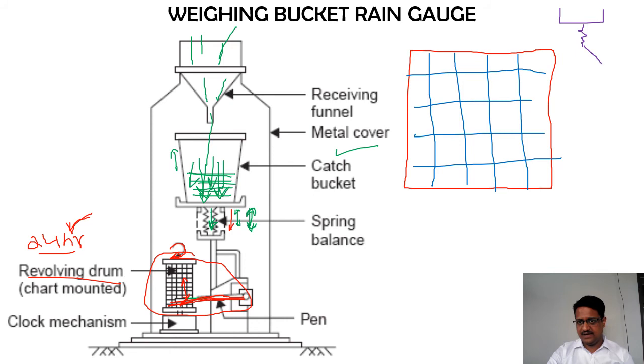With this spring I am connecting the pen, so the pen is attached to that particular spring. Whenever this container is empty, your pen will be at the bottommost level.